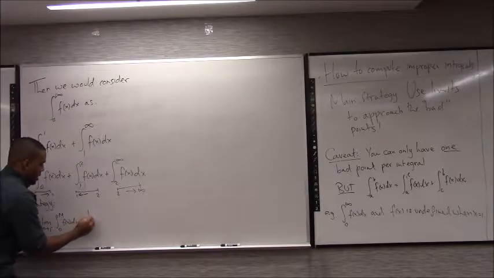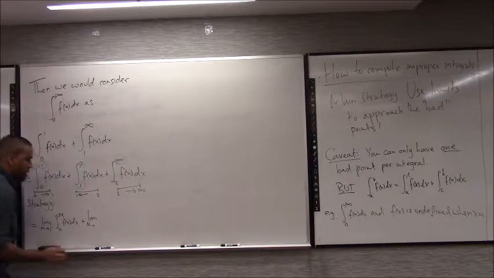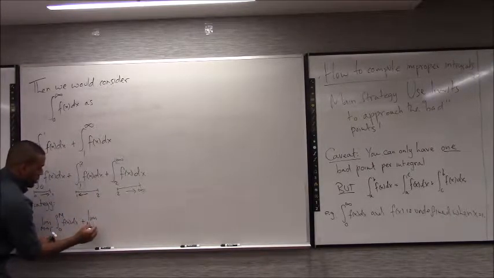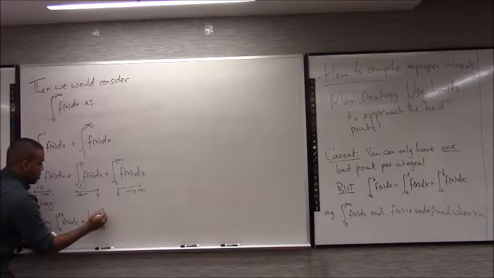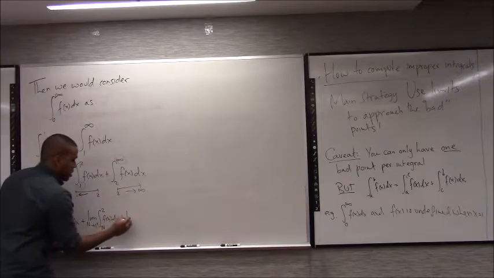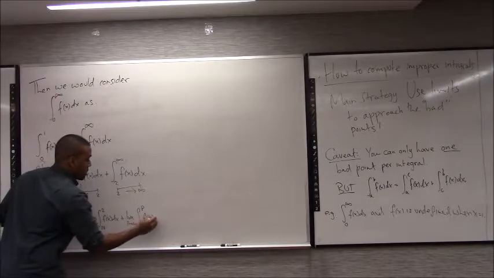Plus, I would take a limit as, let's say, n approaches 1 from the right, of the integral from n to 2 of f of x dx, plus the limit as, say, p approaches infinity of the integral from 2 up to p of f of x dx. I use a different letter each time because you don't want to mix things up.